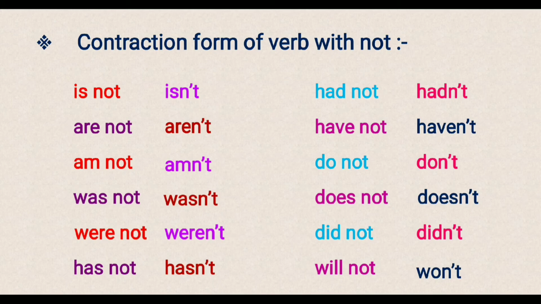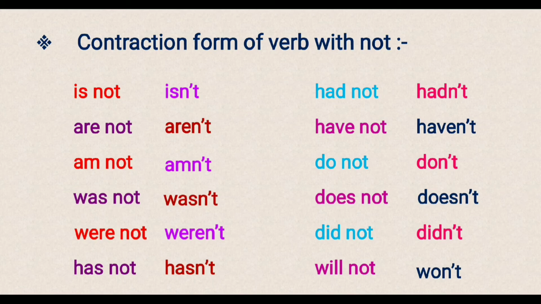But when you write in a contraction form, the pronunciation will be changed. "Is not" becomes "isn't," "are not" becomes "aren't," "was not," "wasn't," "has not," "hasn't," "have not," "haven't," "do not," "don't."